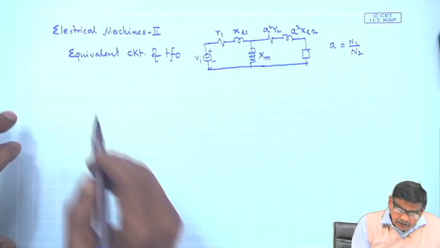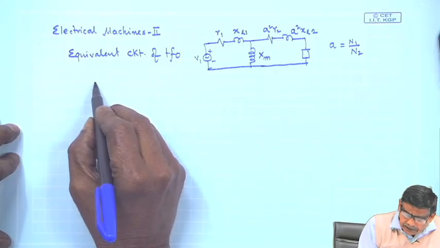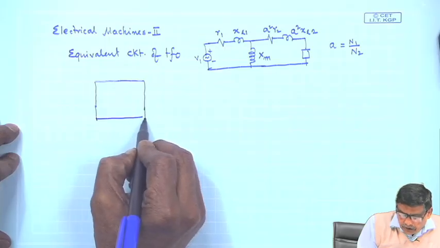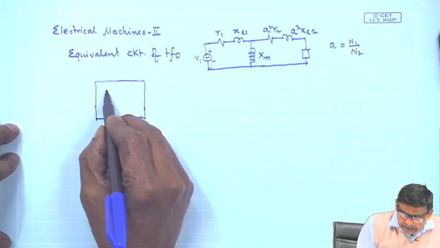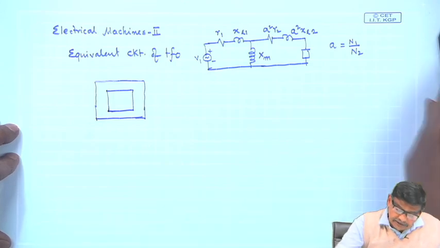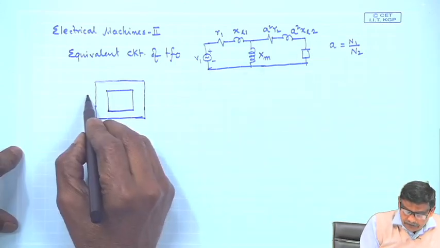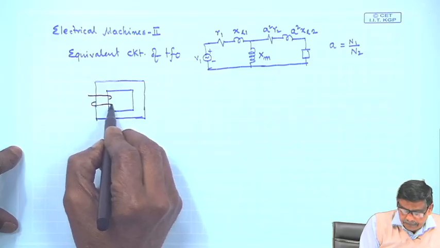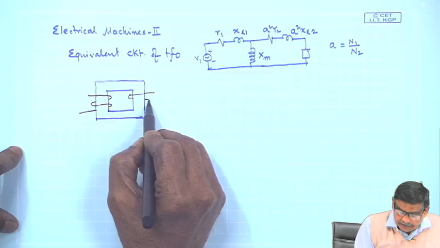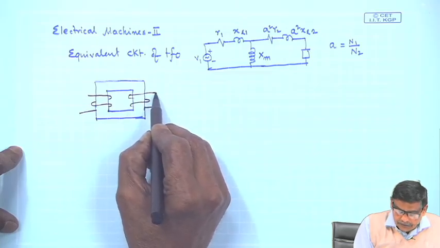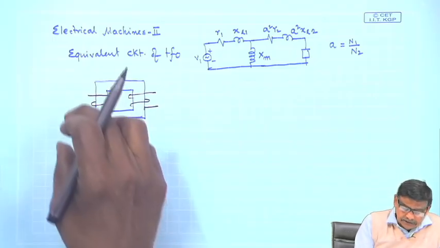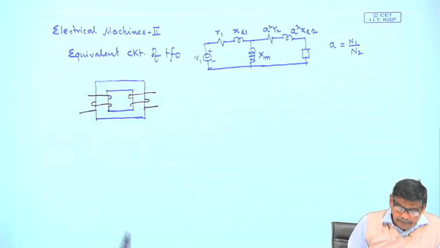After all, a transformer is nothing but a collection of two coils which are magnetically coupled, is it not. So, this is the transformer core, this is the primary coil, say this is the secondary coil, and these two coils have got their separate identities with terminals brought out.